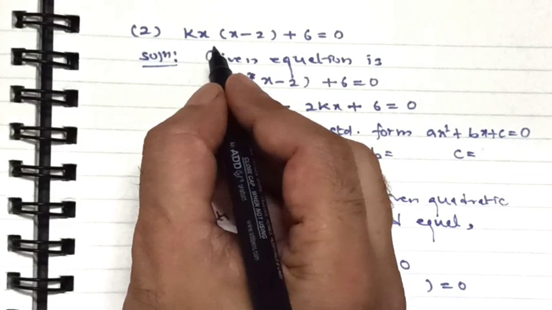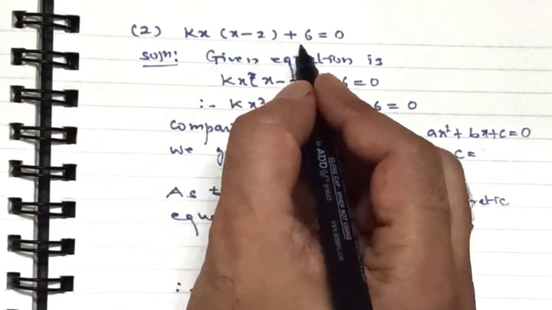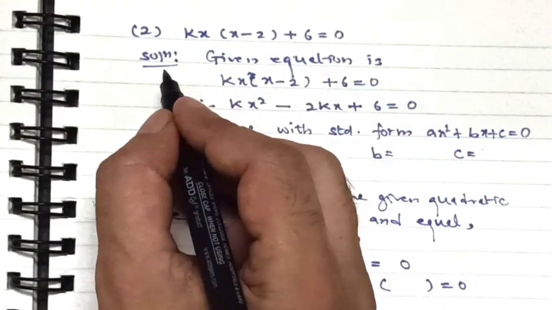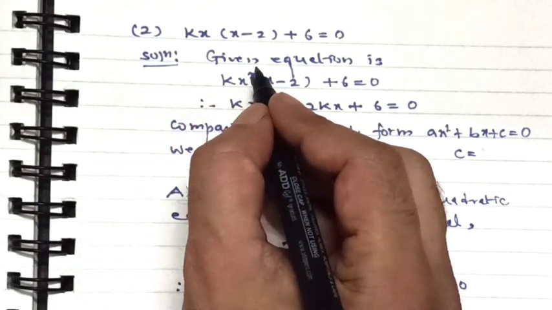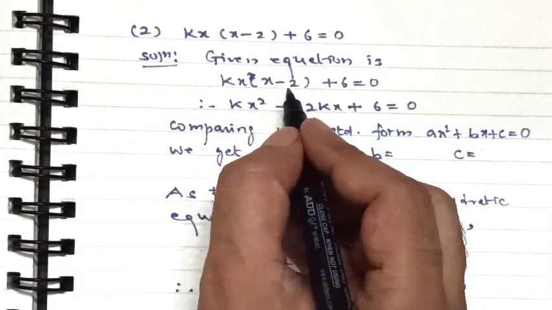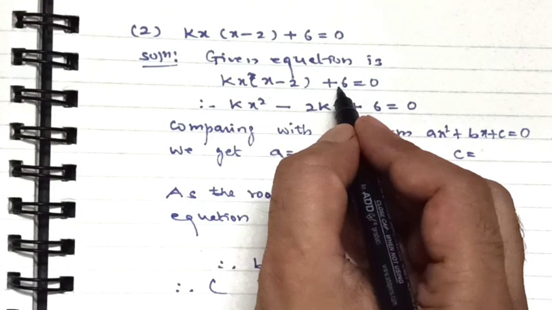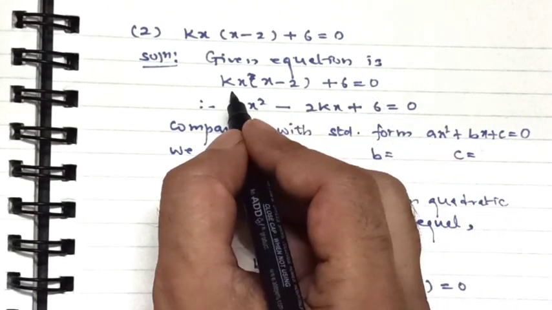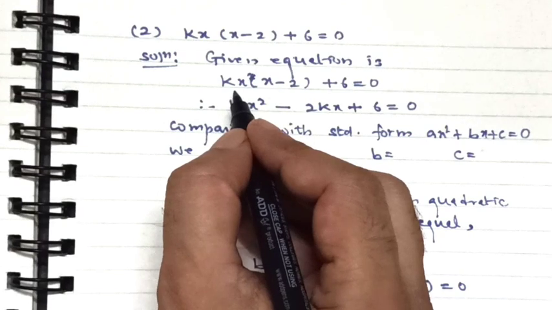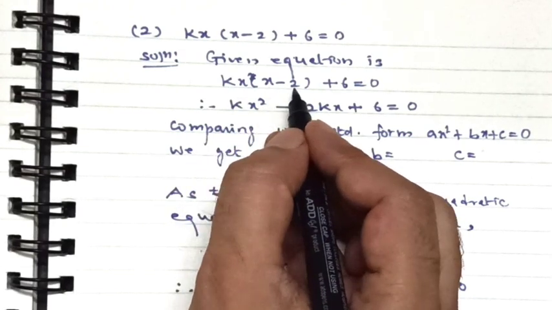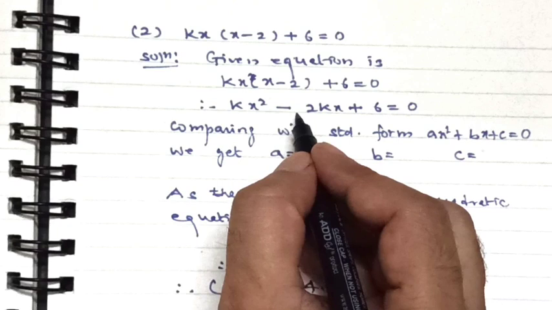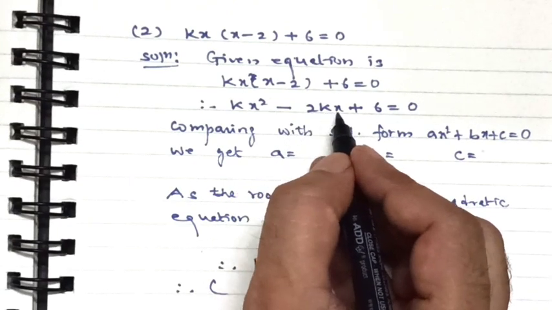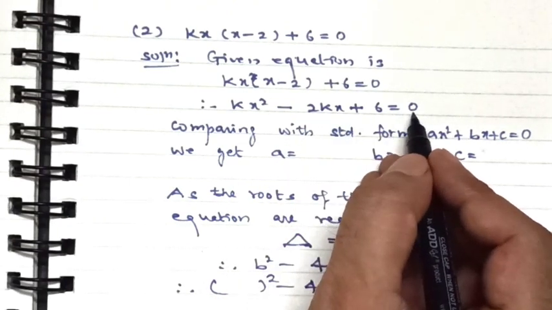Second question, kx into x minus 2 plus 6 is equal to 0. Solution, given equation is kx into x minus 2 plus 6 is equal to 0. It is not in the standard form, so multiply to get in the standard form. So kx into x minus 2 gives you kx square minus 2kx plus 6 is equal to 0.